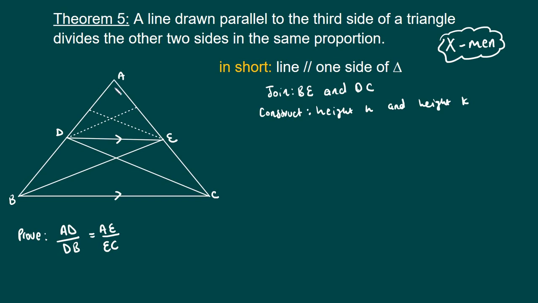Why are we not constructing just one perpendicular height here? Well, it's because of the nature of this theorem, of where we are going.